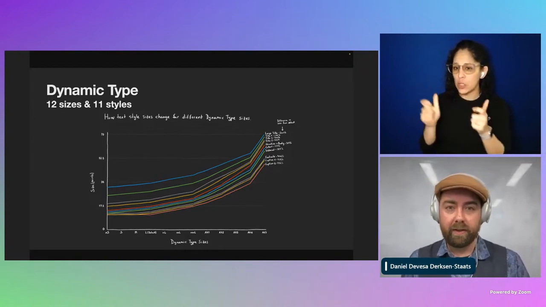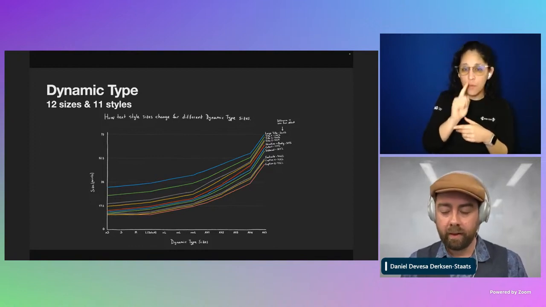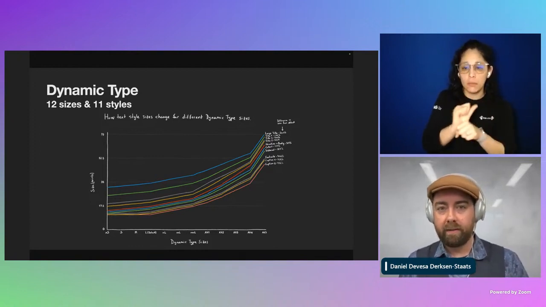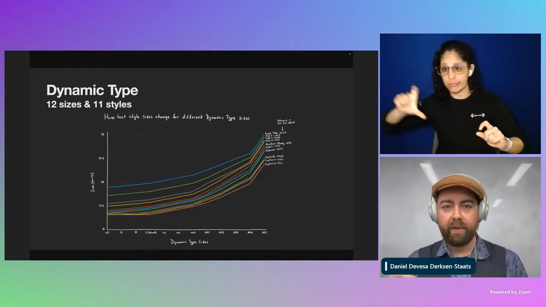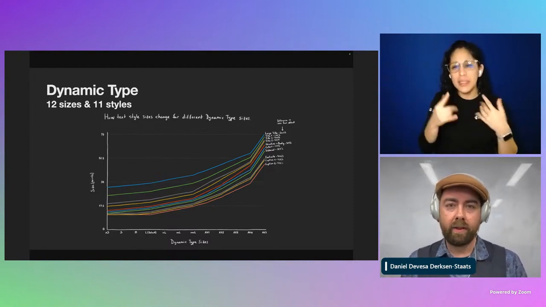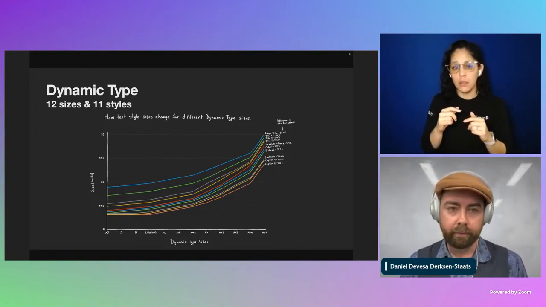Then you can leave space for the small styles to become very big, making all the styles easier to read. But they always keep some differences, so you can still appreciate the hierarchy between these text styles.